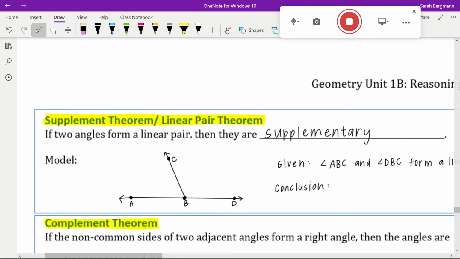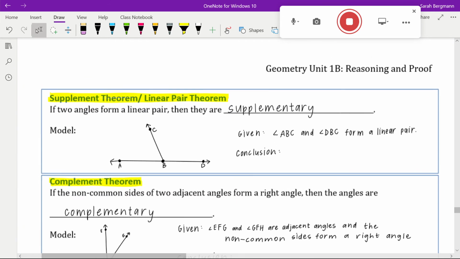Next, I'd like to go over the supplement theorem, which is also sometimes called the linear pair theorem. Basically, what it says is that if two angles form a linear pair, then they are supplementary. So if we have these angles here, angle ABC and angle DBC forming a linear pair.